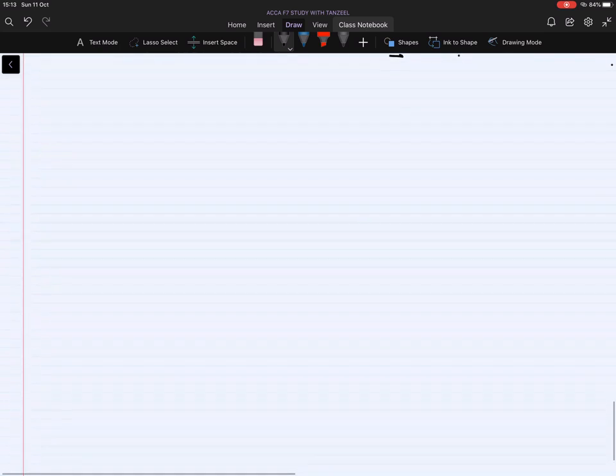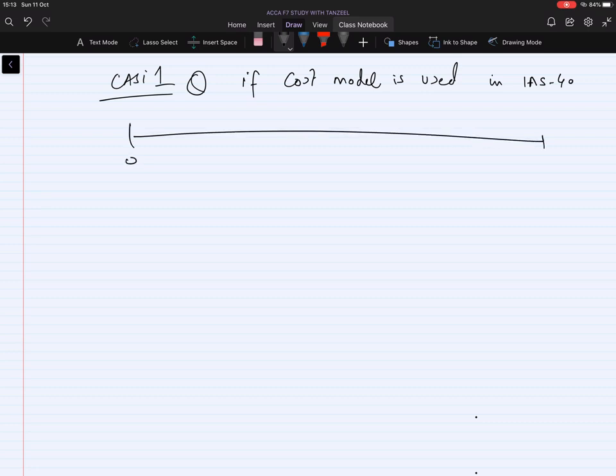Now let's do some examples. Case 1, question: if the cost model was being used in IAS 40, suppose in year 0 you have a property with a life of 10 years, and the cost of the property is 1000.